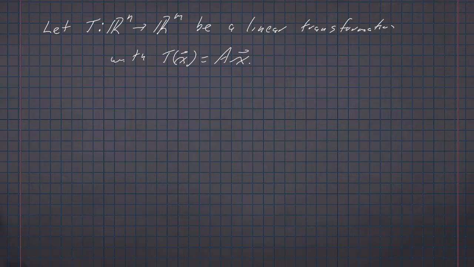Let T from Rn to Rm be a linear transformation. Remember from an earlier lesson that a linear transformation on Euclidean vector spaces can always be written as matrix multiplication. So T of x we can write as matrix A times x.